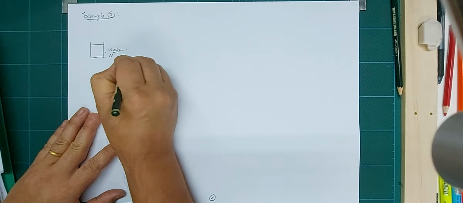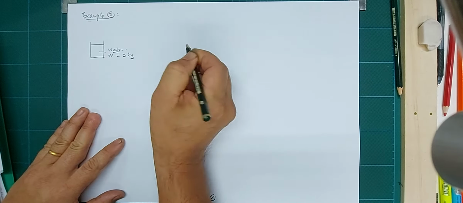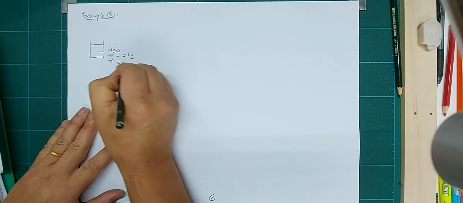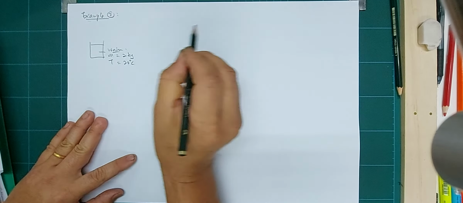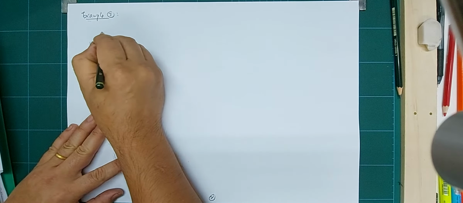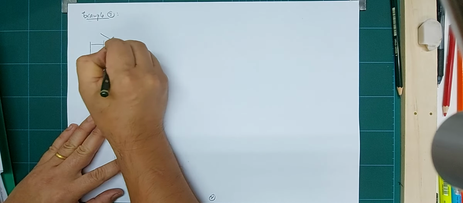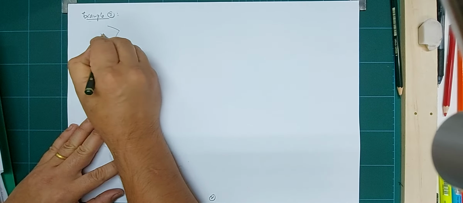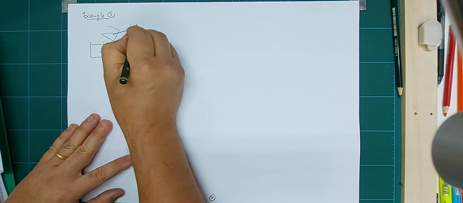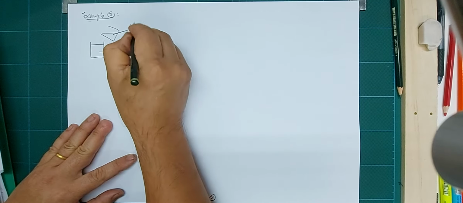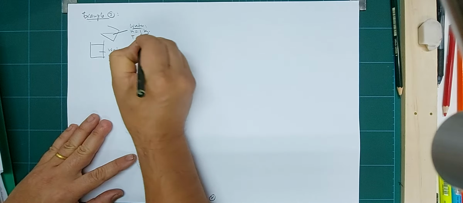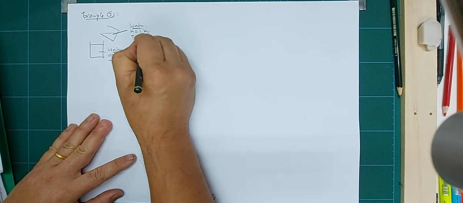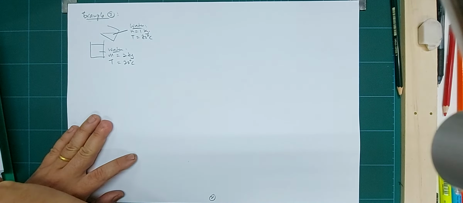Mass M is equal to 2 kilograms, and the temperature is, let's say, room temperature, 30 degrees Celsius. Now you're going to pour in another beaker of water. This one has a mass of 1 kg and a temperature of, let's say, 80 degrees Celsius.